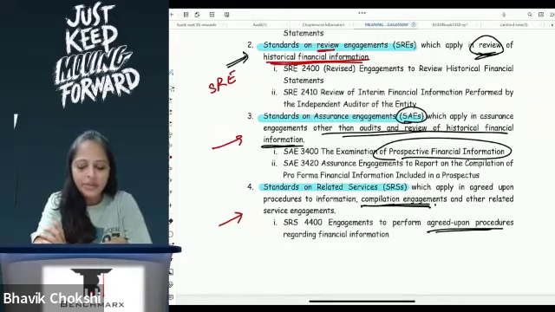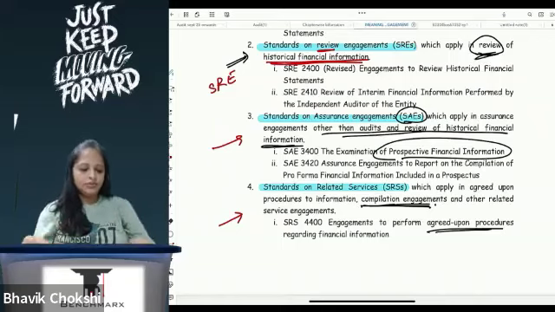Example, in the same point write down example, examining prospective financial information.